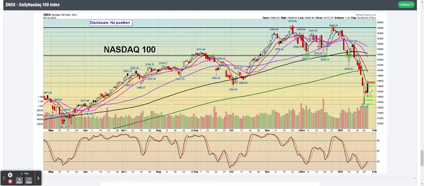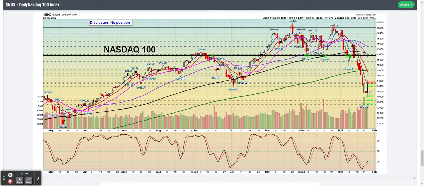This one is technically more damaged than the S&P 500 because the only really short-term moving average was the 5-day moving average, and it couldn't even close above it. All the other moving averages are way up here, too far away from the close. And this one is actually relatively closer to the bottom from 2 days ago than the S&P 500.